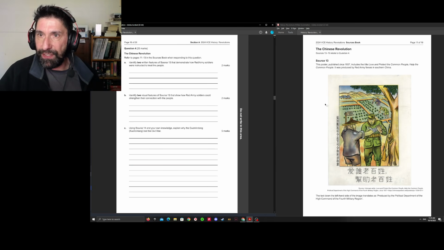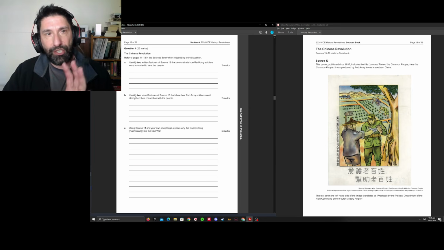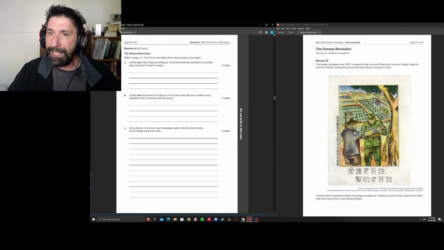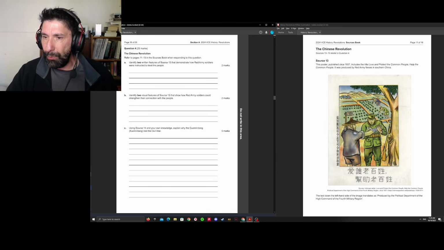We have translations here, and the same with Russia, China. Often, particularly with the Chinese, but same with the Russian sources, they'll have captions in Mandarin, written in the Mandarin script, and more often than not, if the examiners want you to refer to these captions, they'll give you the translation, okay?